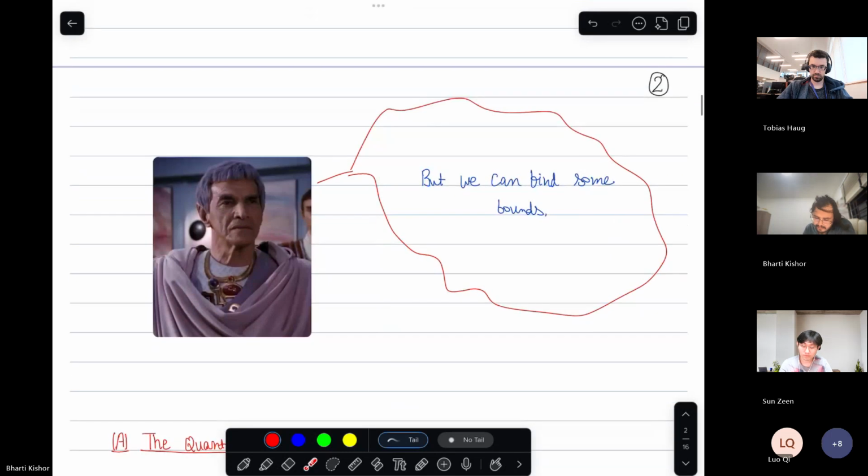But not all hope is lost. You can find some bounds. You can say that codes with certain parameters are possible above and below, so you can bound things.